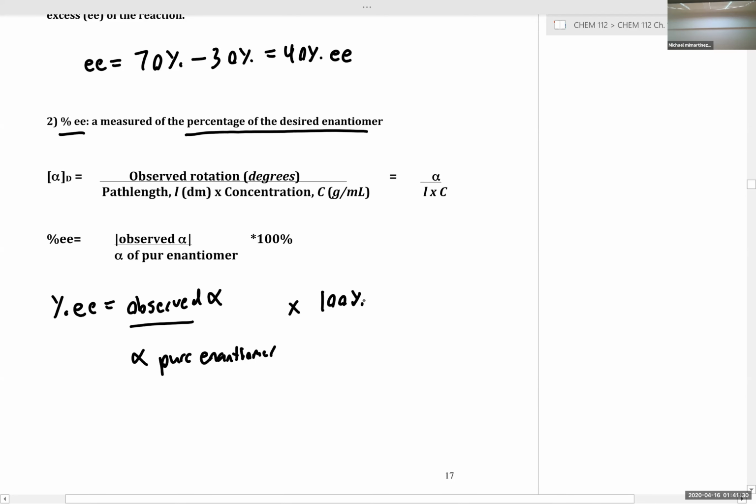I personally don't like percent EE as much as straight enantiomeric excess because percent EE describes a ratio. Well, I really want to know how much extra of the desired enantiomer am I making? How much selectivity am I getting for the desired enantiomer? So I don't like percent EE as much personally.